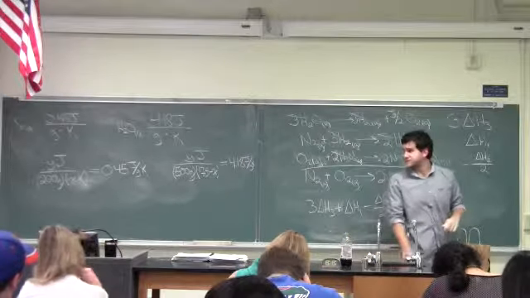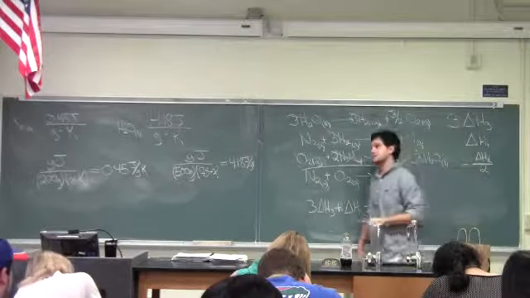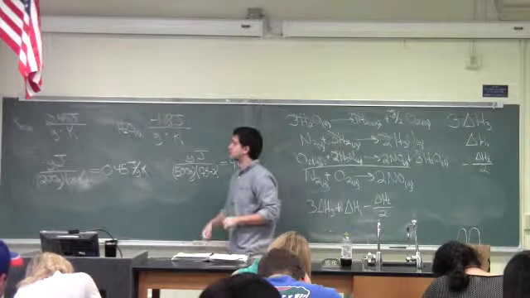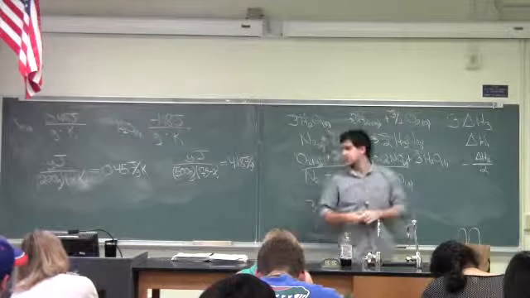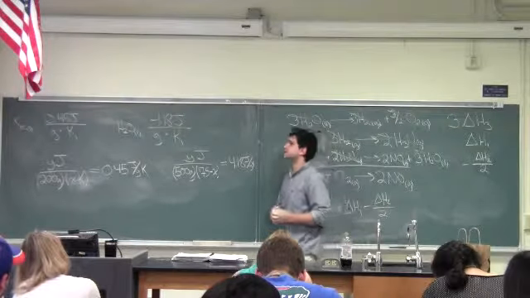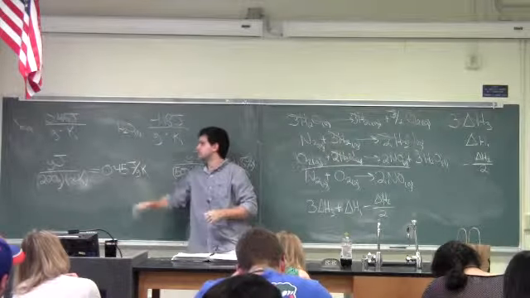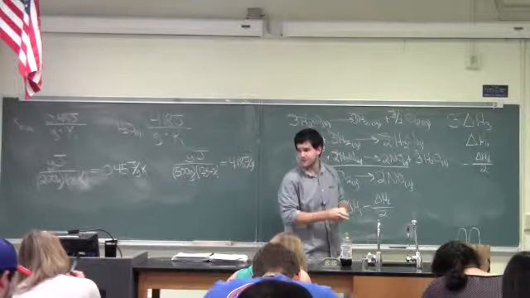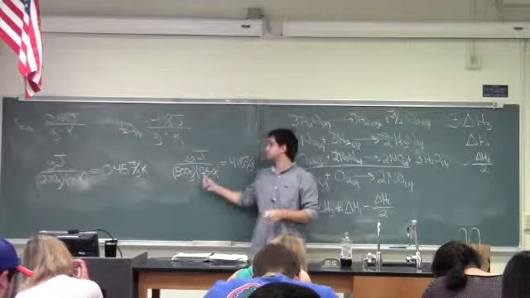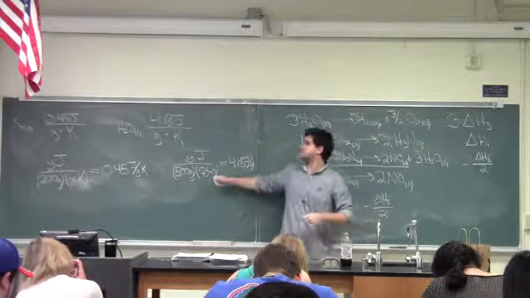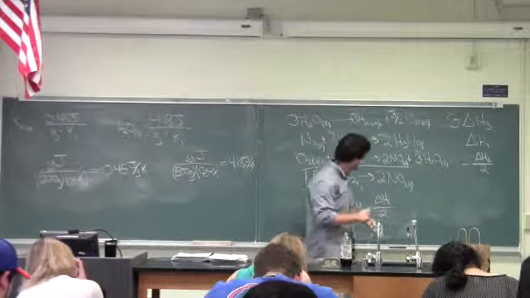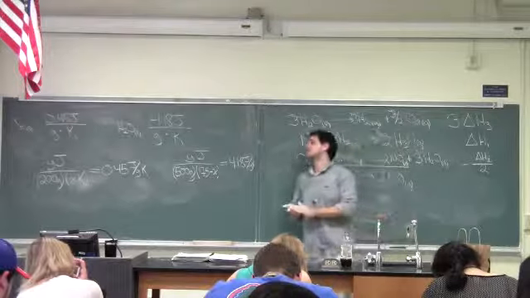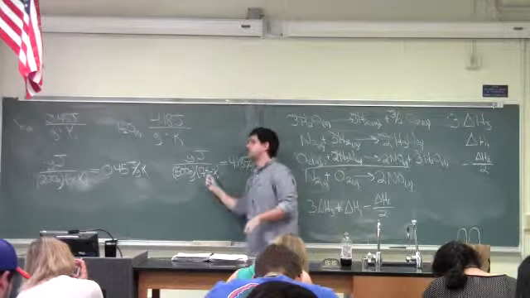So I'm going to call that 75 minus X, because I know the most that my water can increase is 75 degrees. But it's not going to increase all 75 degrees. I've still got a number for the heat capacity for iron. So its change in temperature is going to be my maximum change in temperature less the change in temperature that I have on the left-hand side for iron. Now, are there any questions on how I chose that?